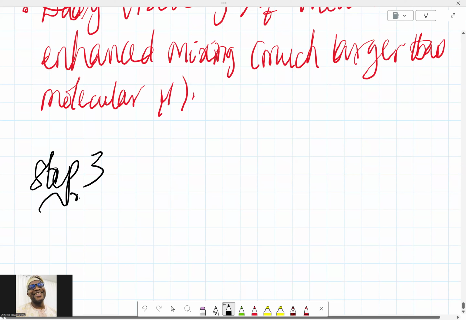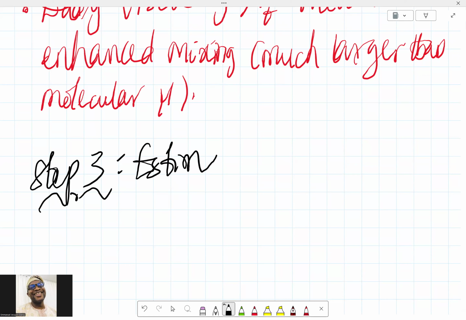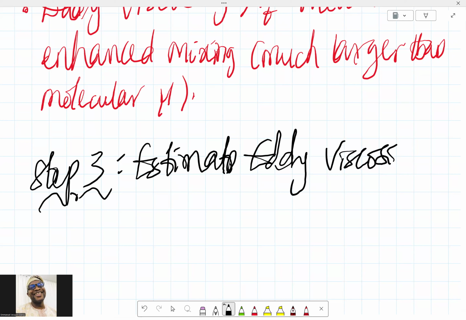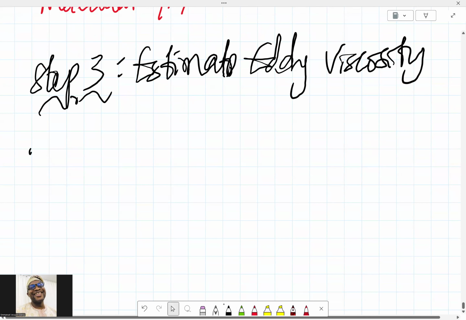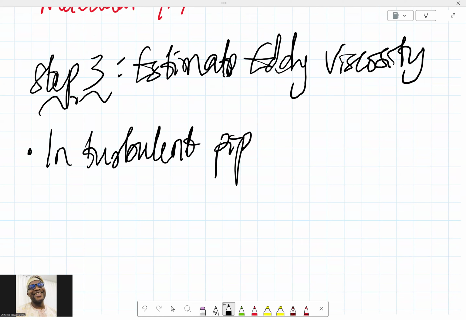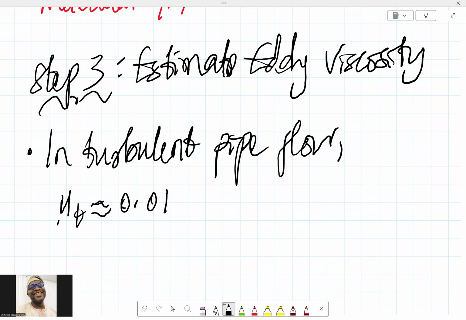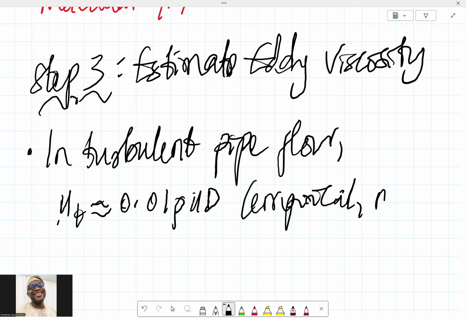Okay, and we go for step three. We estimate the eddy viscosity. In turbulent pipe flow, we know mu T is approximately 0.01 rho u d. This is an empirical mixing length model.